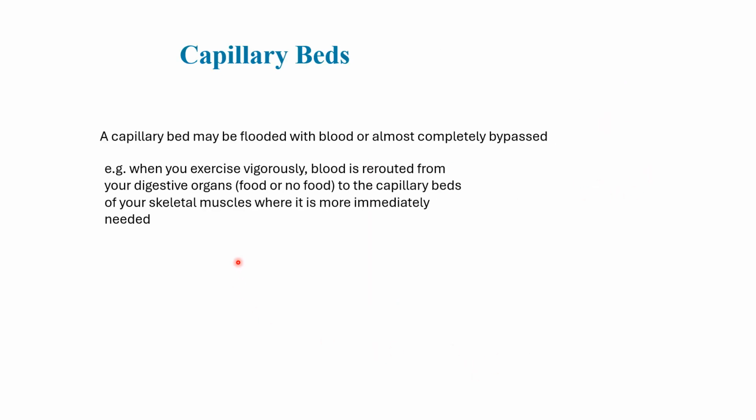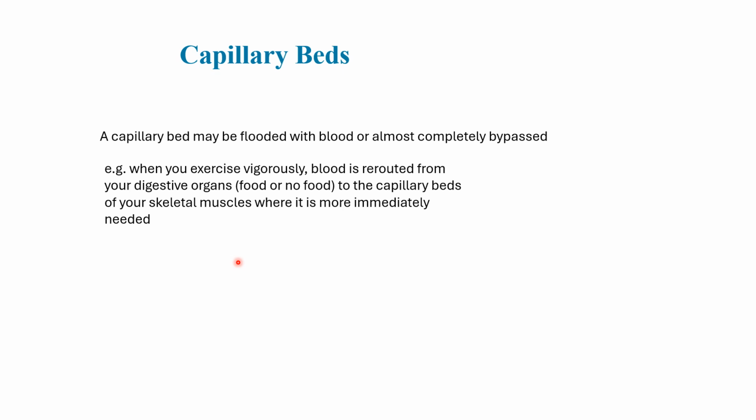So our body uses this mechanism of increasing or decreasing the blood flow through a capillary bed. Let me give you a common example from everyday life. When we exercise, more blood goes to our muscles and less blood goes to our digestive system, because I'm working hard and my muscles need more blood.